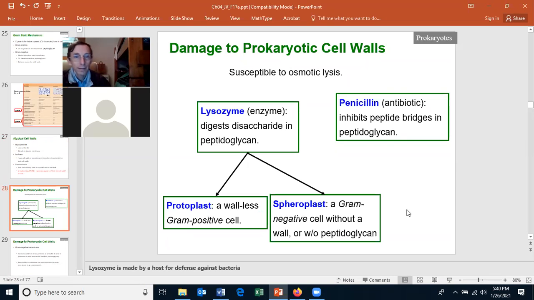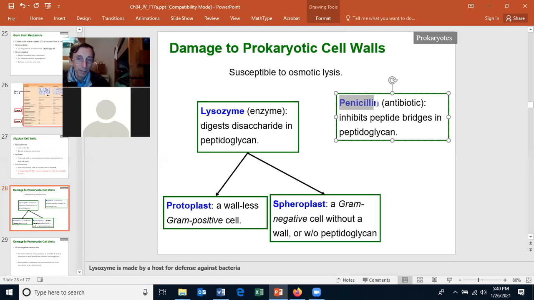All right, you can damage prokaryotic cells, and I'm not going to ask you to know the term protoplast and spheroplast, but to damage the prokaryotic cells, you can then make the cells susceptible to osmotic lysis. And that is exactly what penicillin, especially penicillin G, the antibiotic, does.